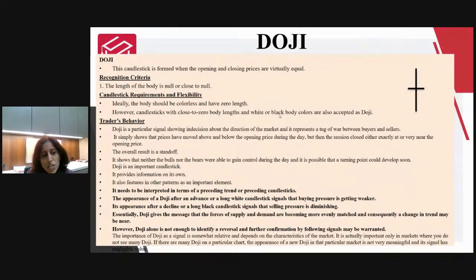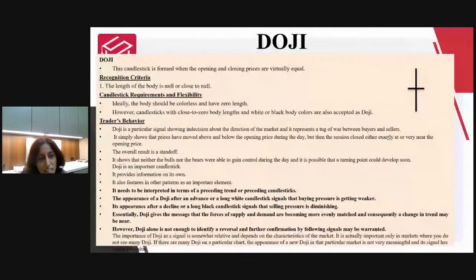So it simply shows that prices have moved above and below the opening price during the day, but the session closed either exactly at or very near to the opening price. Okay, and the overall result is a standoff, right?